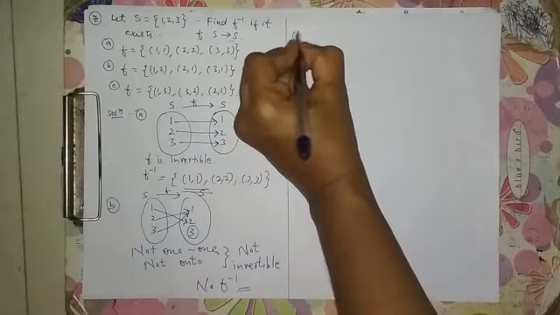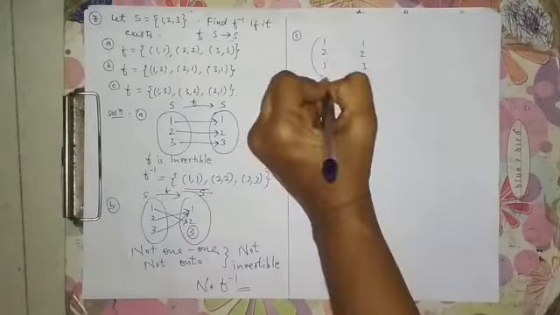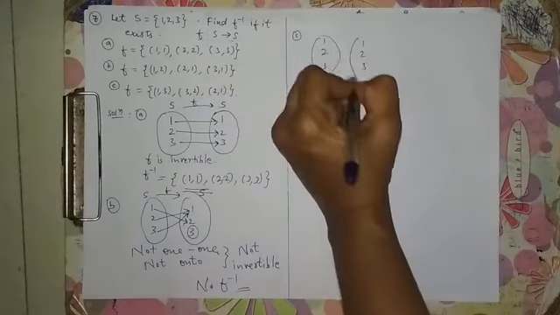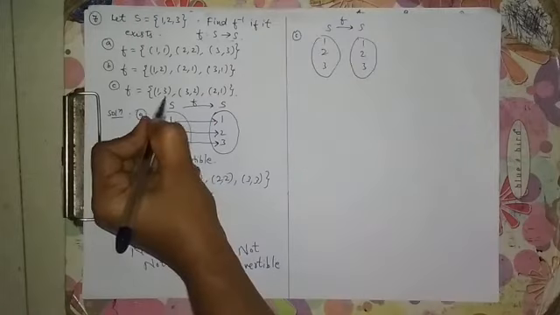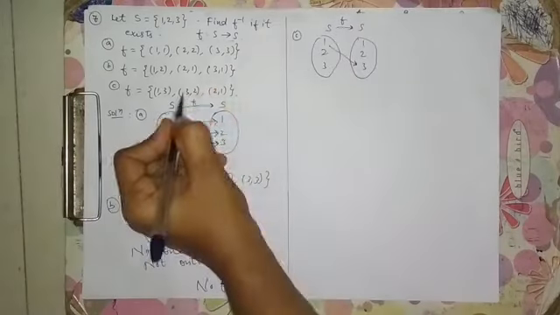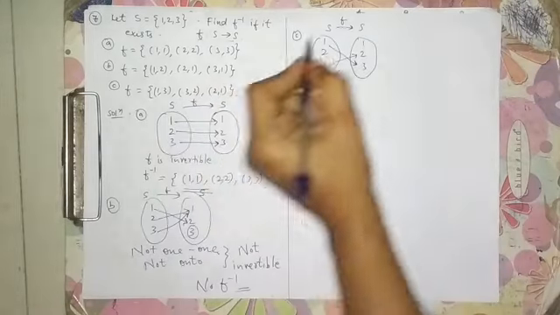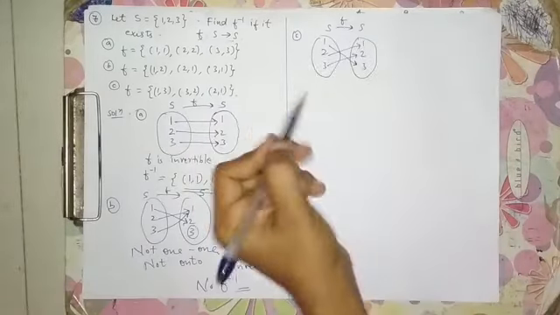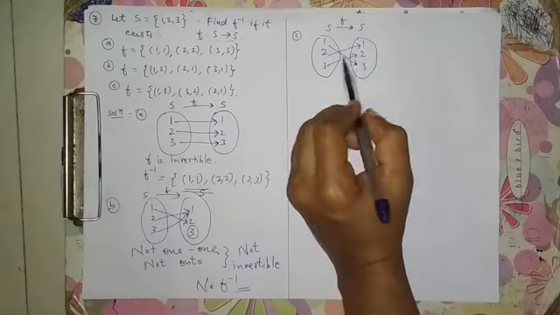Next, third question. Again 1, 2, 3 to 1, 2, 3, S to S, F is a function. 1 goes to 3, 3 goes to 2, and 2 goes to 1. So here it is one-one: 1 to 3, only one arrow mark, 2 to 1, only one arrow mark, 3 to 2.